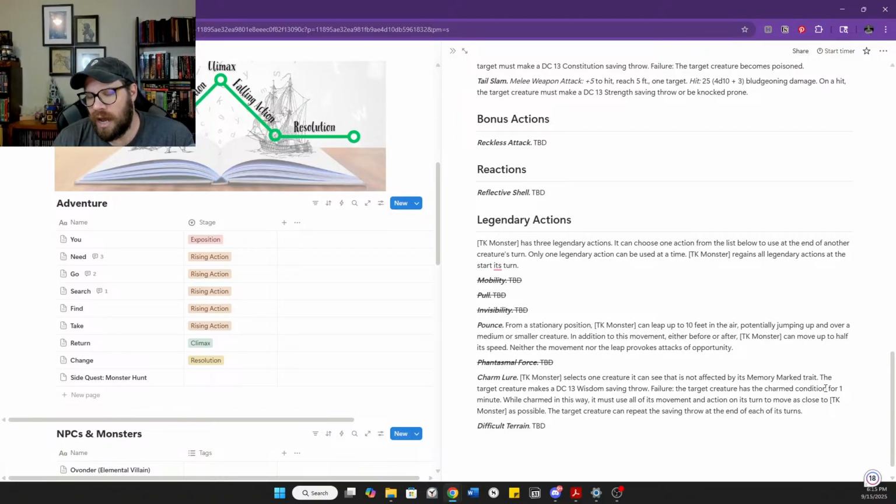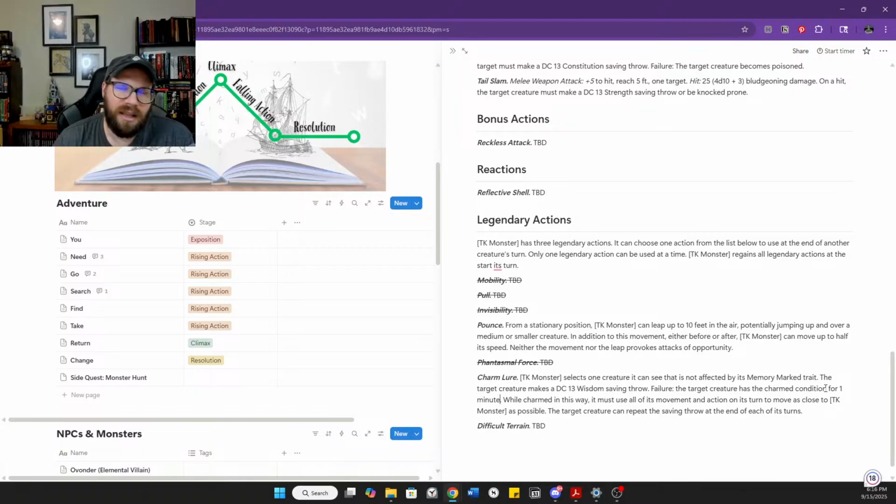I'm kind of of the mind that if the point is to draw it in, it would probably use its movement and action.